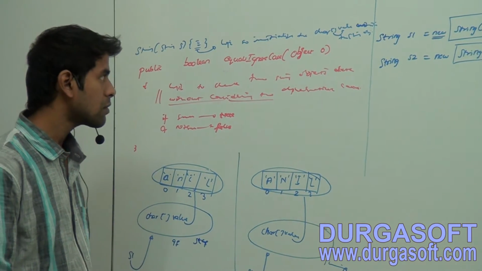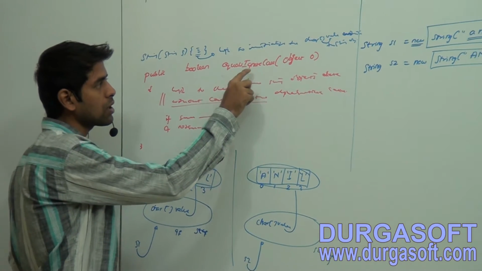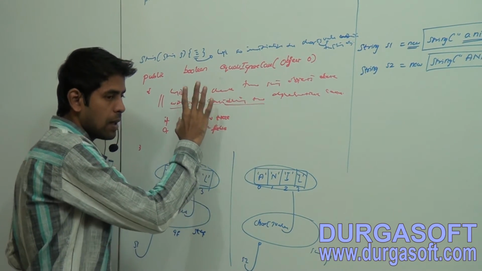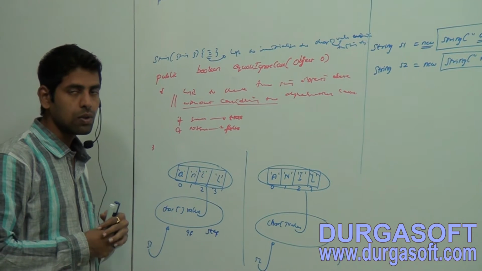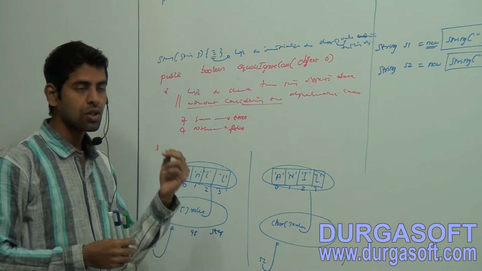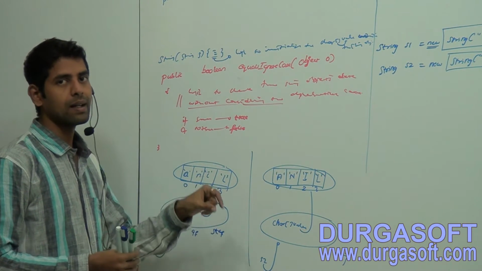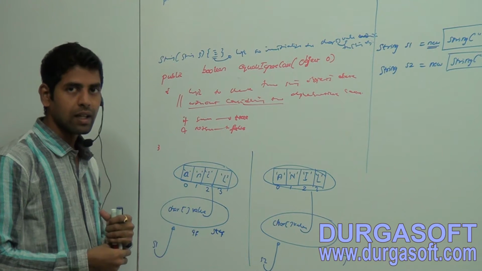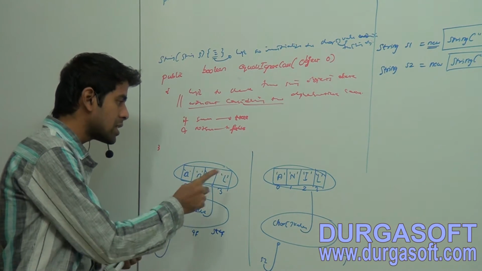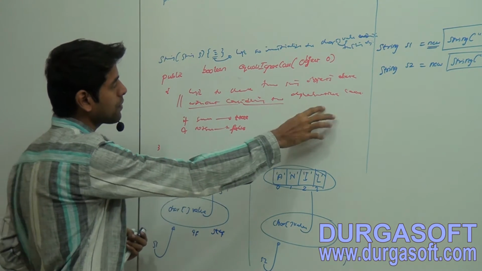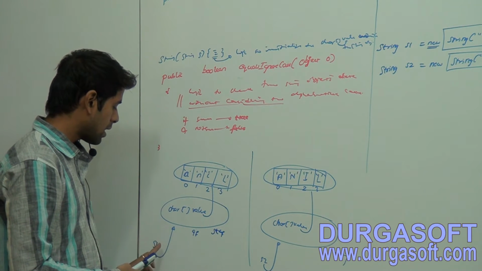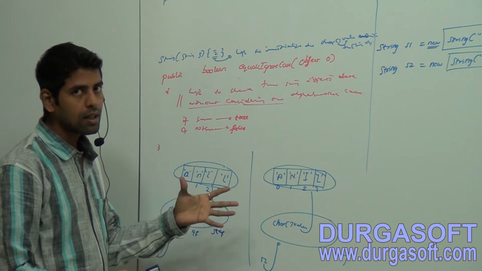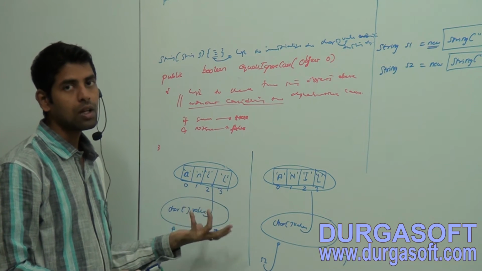Now coming to the logic of equalsIgnoreCase. This method internally has logic to check two string objects' data without considering alphabetical cases. Observe, if I call s1.equalsIgnoreCase(s2) or s2.equalsIgnoreCase(s1), what will be the output?